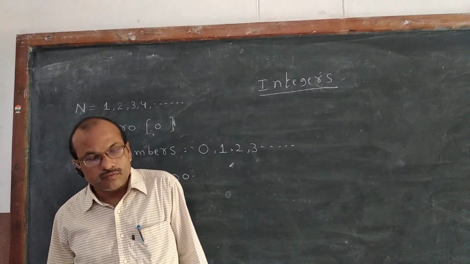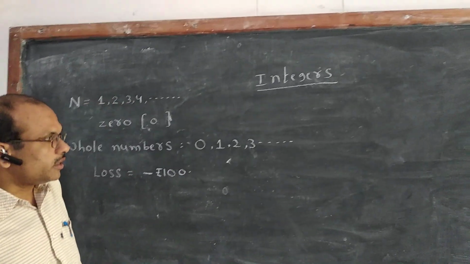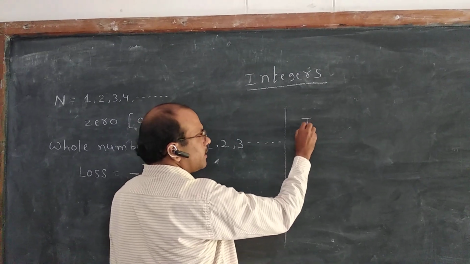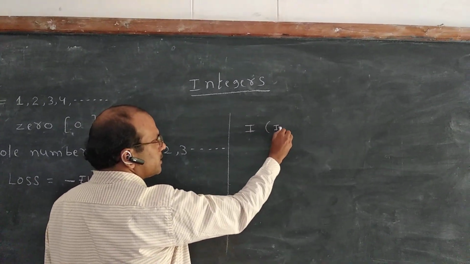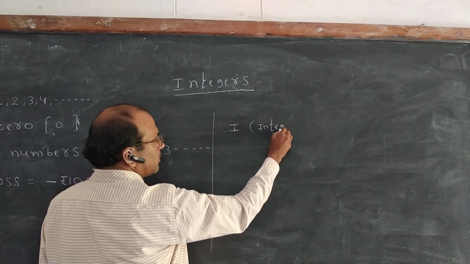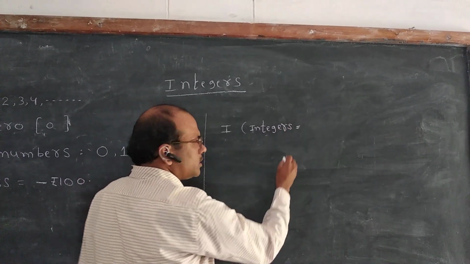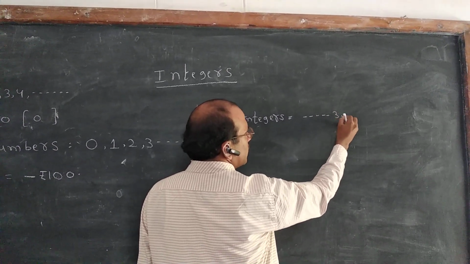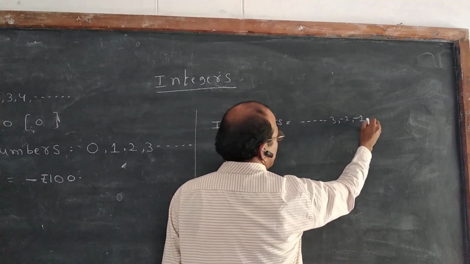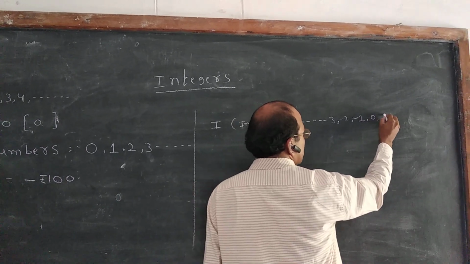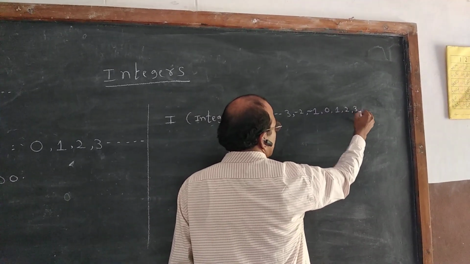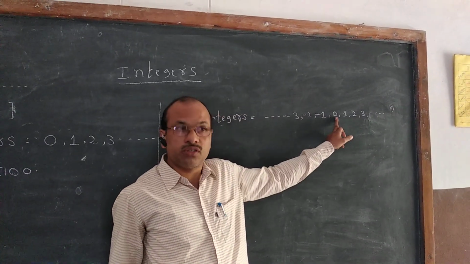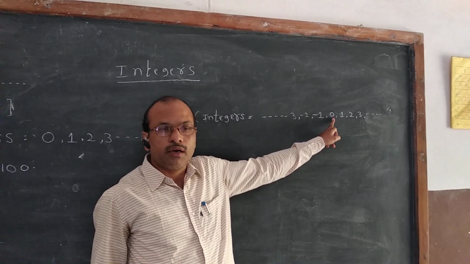So here integers are denoted with the capital letter I. Capital letter I called integers. This set has negative numbers, positive numbers, and one more digit called 0, which is neither positive nor negative.